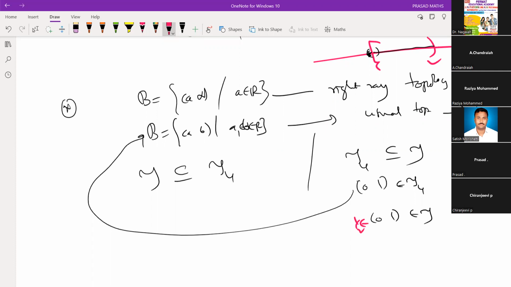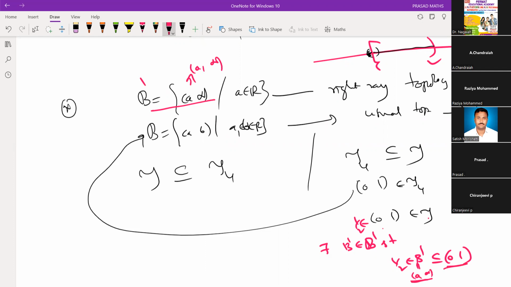In order to say that it's an open set with respect to tau, can you find a B dash containing 1/2 contained in open (0, 1)? No. What are the elements in B dash? Right rays. A right ray is an infinite interval, and this is a bounded interval. So contradiction.